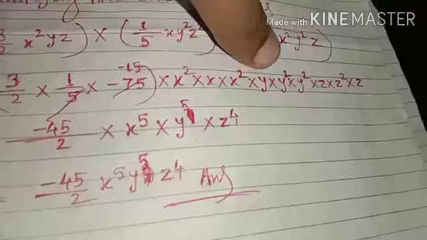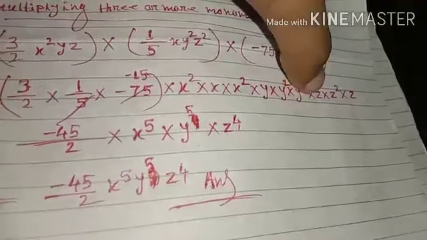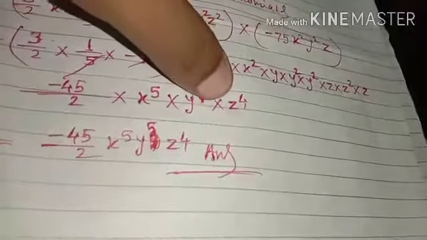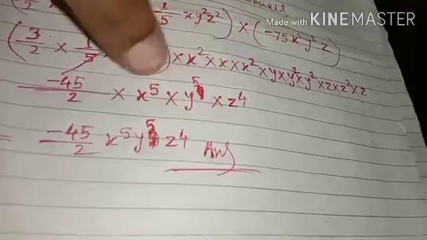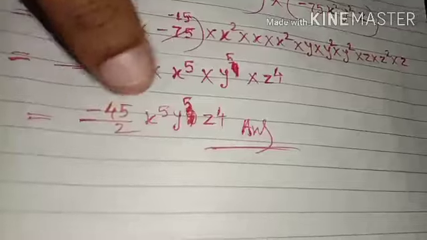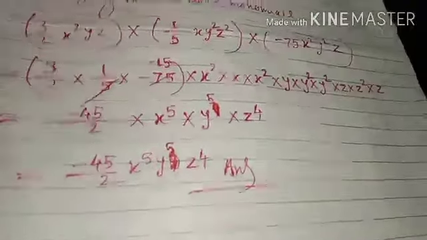And here also y means y to the power 1, so it will be y to the power 5, and z means z to the power 1, here also z means z to the power 1 and it is z², so it will be z to the power 4. So your final answer is −45/2 x⁵ y⁵ z⁴.